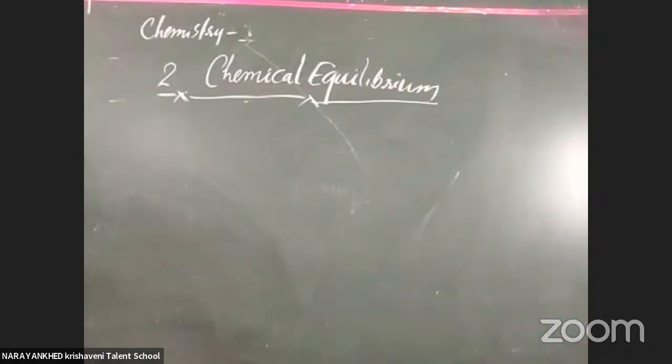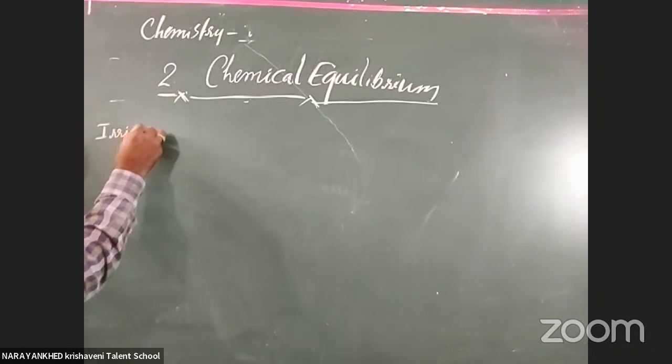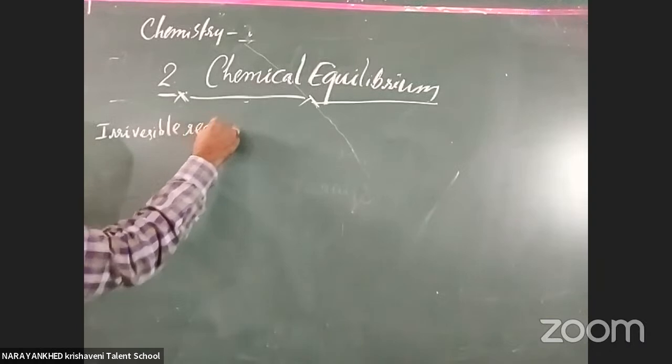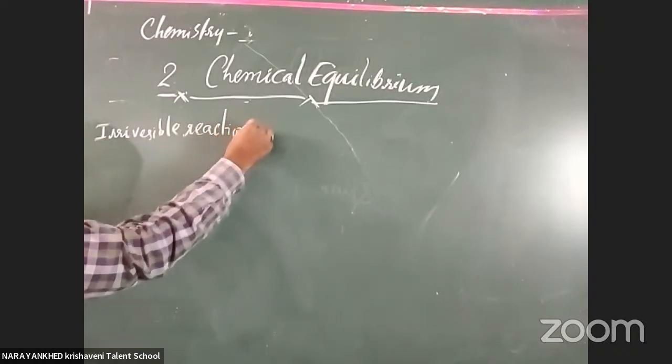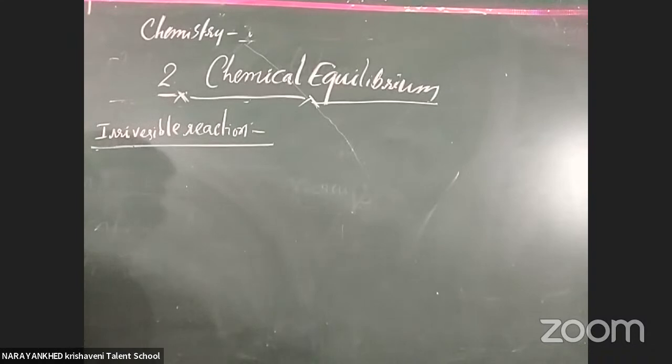Okay, now irreversible reaction. Which one is called irreversible reaction? Once a chemical reaction has occurred, the products do not react among themselves to form the original reactants again. That is known as irreversible reaction.